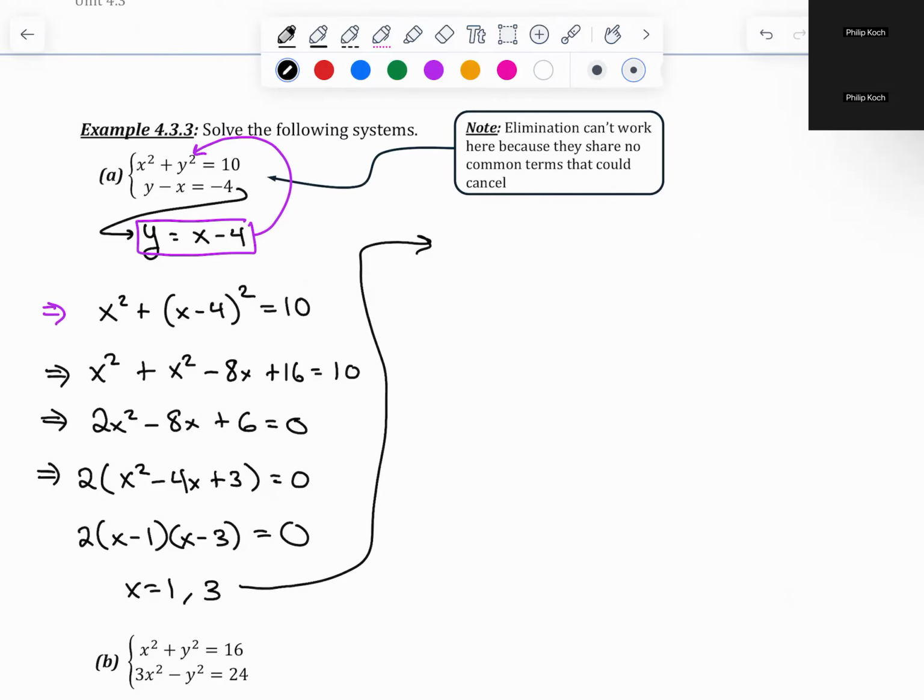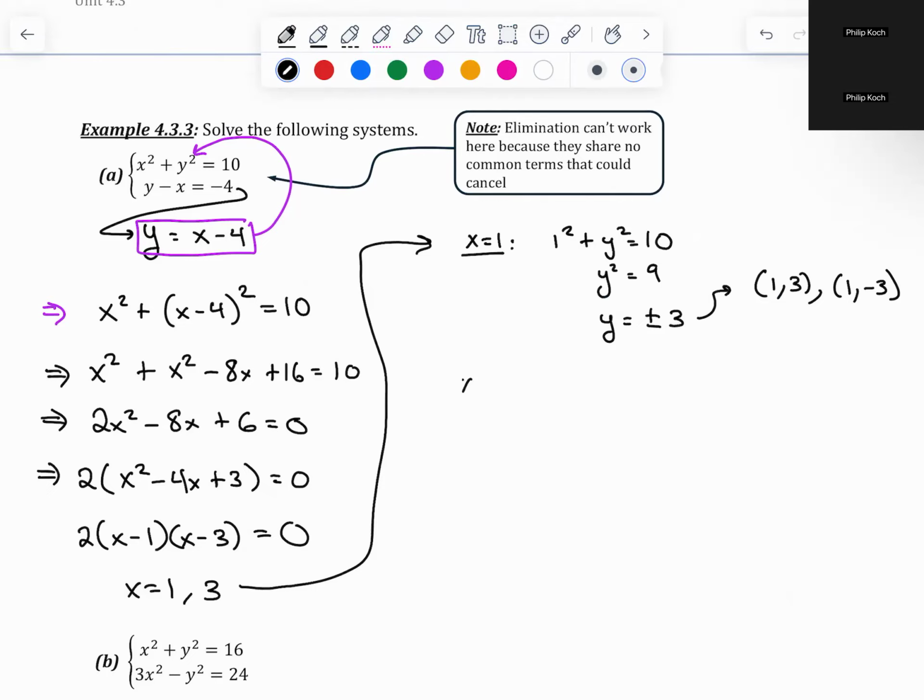With x equals 1, I get 1 squared plus y squared is equal to 10. That would give me y squared is equal to 9, which would give me y equals plus or minus 3. So that's (1, 3) and (1, negative 3). So that 1 x value gave me two y values. Now we're doing this for a reason, because one of those actually does not work.